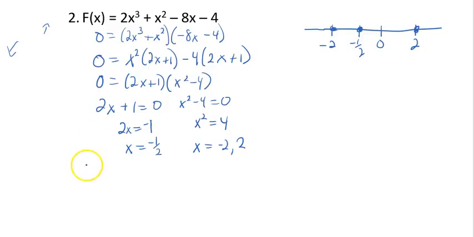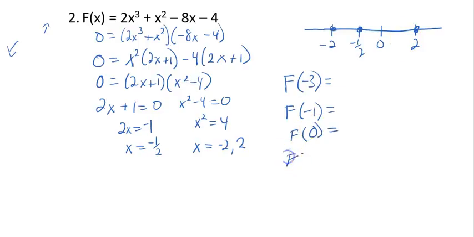And now I'm going to do test points in those sections. So f of something before -2, I'm going to say -3. I'm going to choose something between -2 and -1/2, so -1. And then something between -1/2 and 2, which would be 0, a good one to use. And then something after 2, and again I'm going to choose 3.